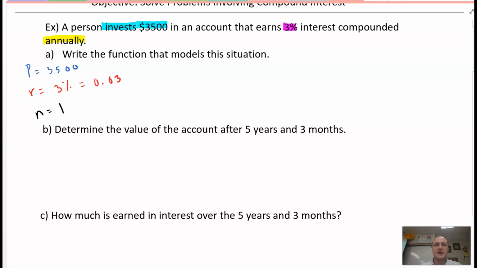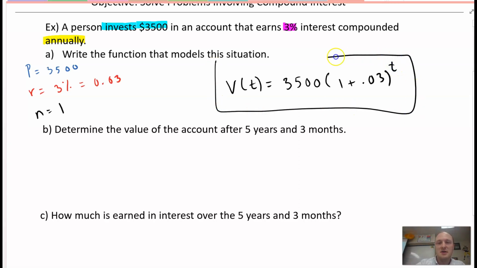Let's construct a function. V of t equals P, that's 3,500, times 1 plus my rate, which is 0.03. Notice I'm not dividing by n because n is just 1, so dividing won't do anything. To the power of t. So there is our function.